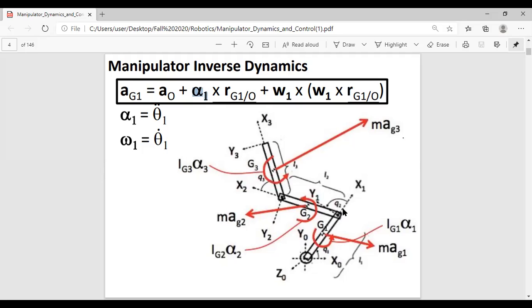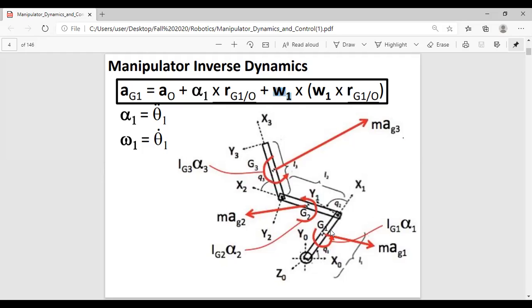Why? Because theta 2 has to be absolute, and for this angle to be absolute, it needs to be measured with respect to a non-moving frame, which is only x0. So this angle needs to wrap all the way around x0, right? So finding the acceleration of point G2 will be equal to the acceleration of this point, A01, plus alpha, which is theta 1 double dot plus theta 2 double dot, cross RG2 with respect to O, minus omega square RG2 with respect to O. And what is omega, by the way?